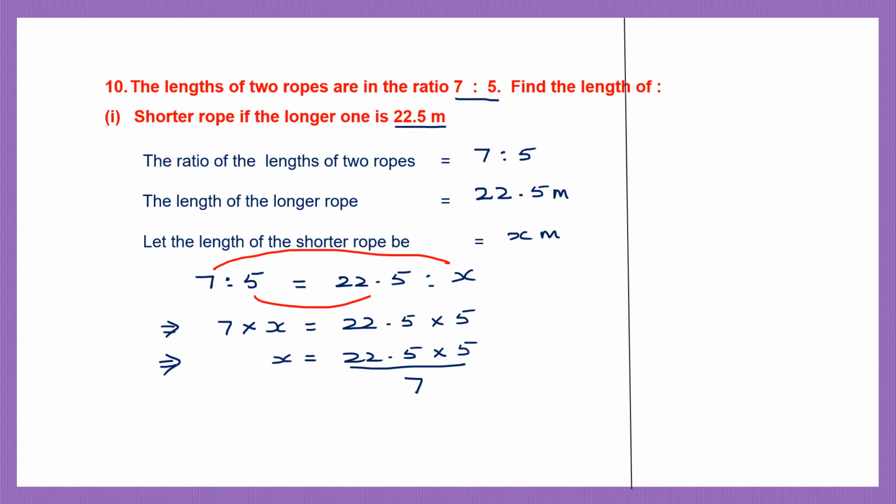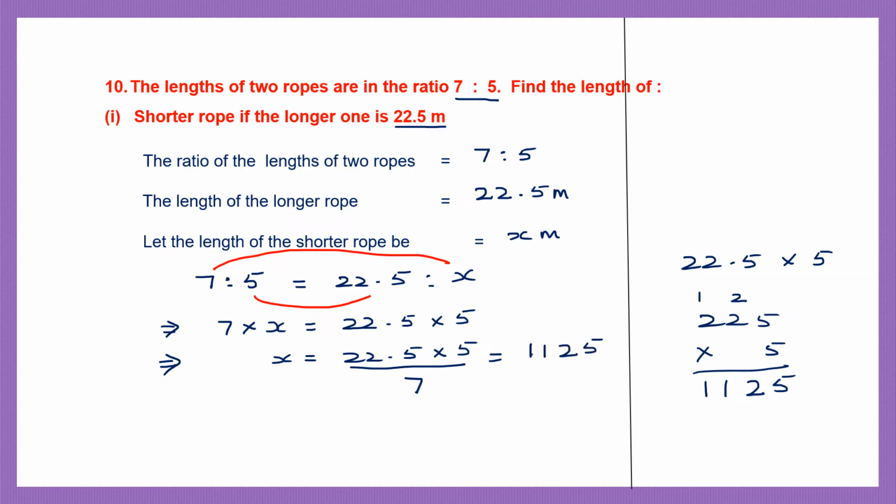So let's multiply 22.5 into 5. So ignore the point and multiply. 225 into 5. Multiplication. 5 5s are 25, carry 2. 5 2s are 10, 11, 12, carry 1. 5 2s are 10 plus 1, 11. So here I have 1125 and the denominator is 7.